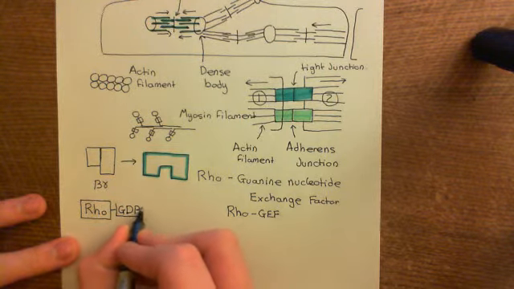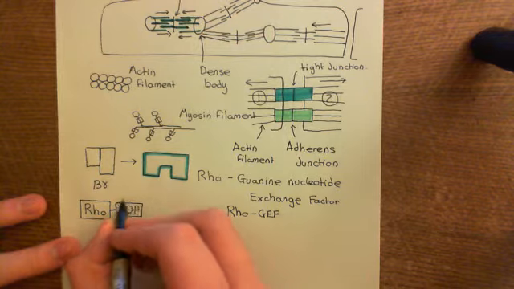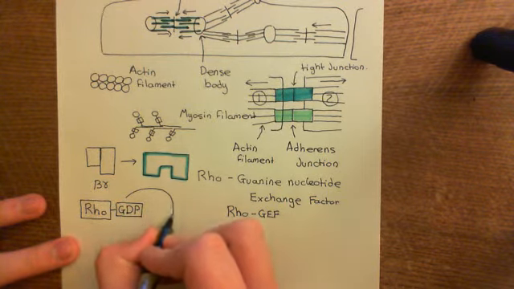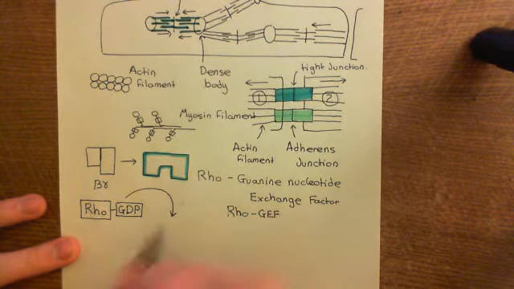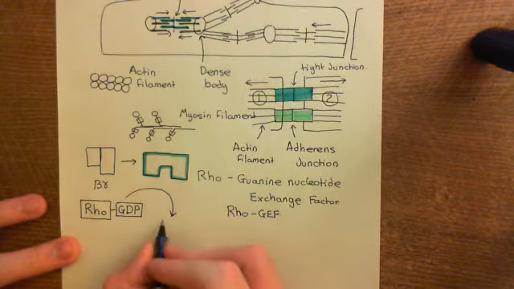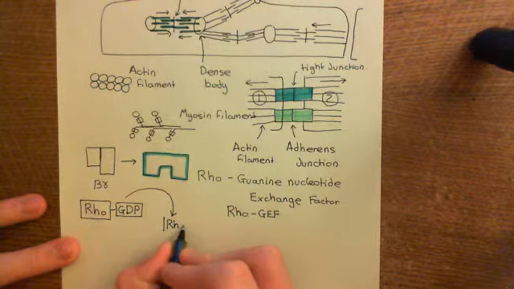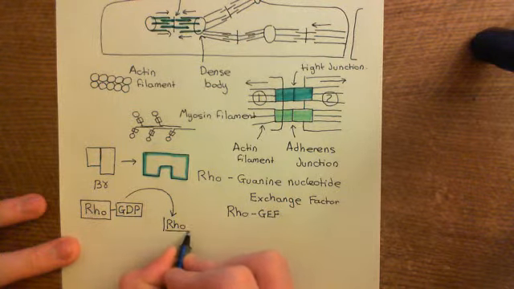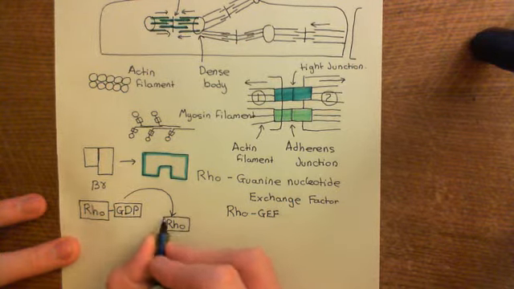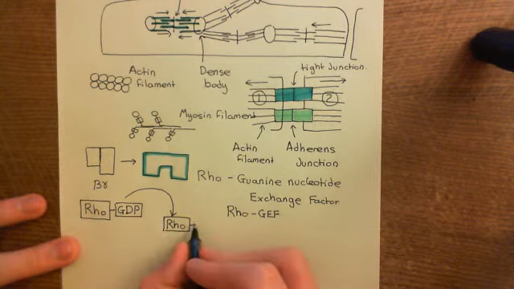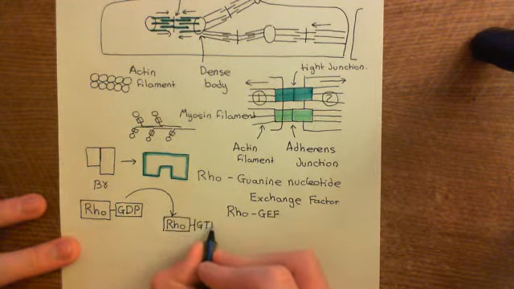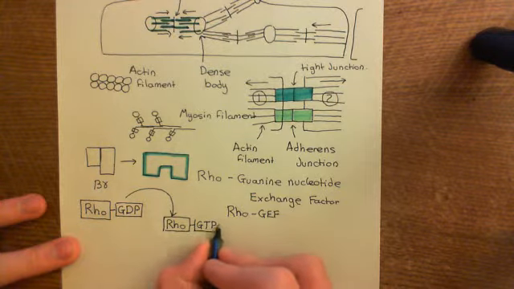So here is Rho bound to GDP in its inactive state. When you activate this Rho guanine nucleotide exchange factor, it will catalyze the conversion where you break off the GDP from the Rho and bind instead the guanosine triphosphate to this Rho protein. Now, what does Rho actually stand for?